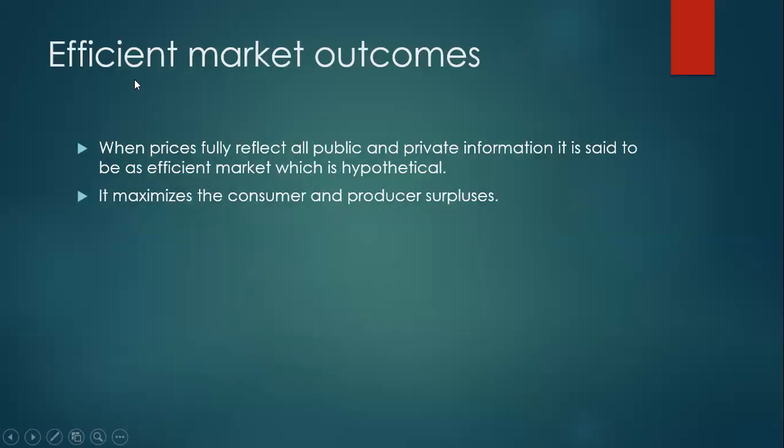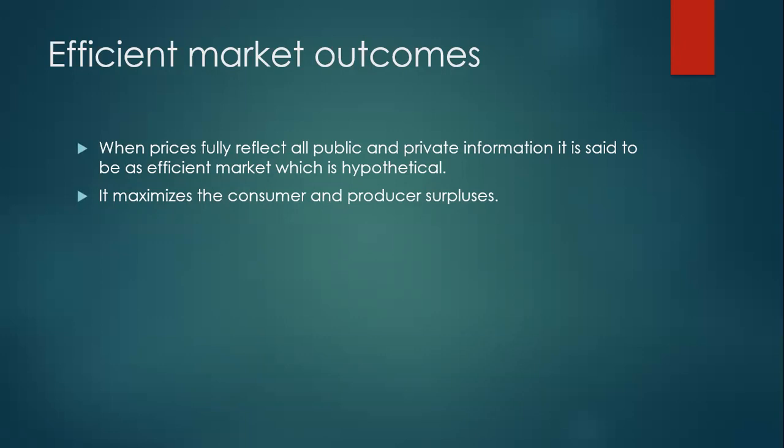Next topic is efficient market outcomes. So, what is an efficient market? An efficient market is a hypothetical market which follows a hypothesis of a scientist that if a market reflects all the public and private information, that market will be efficient in terms of calculating the price of a commodity or object.